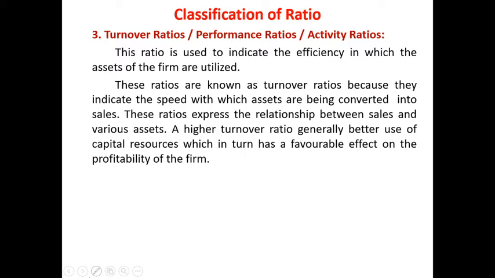These ratios express the relationship between sales and various assets. A higher turnover ratio is generally a better use of capital resources, which in turn has a favorable effect on the profitability of the firm.